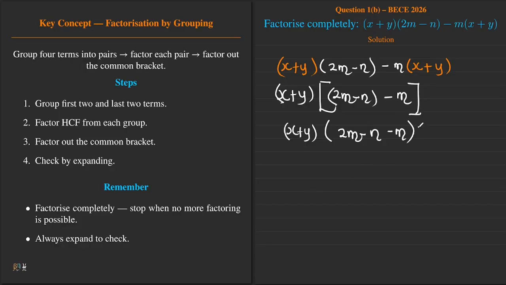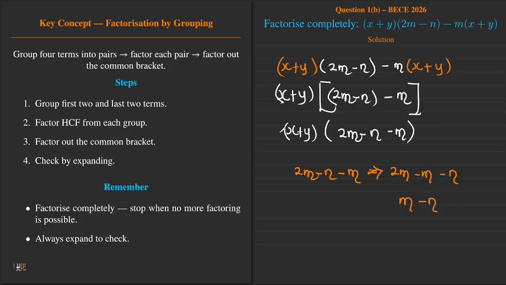Then we have to simplify this one. If you have 2m minus n minus m, what happens? You group like terms. So you have 2m minus m and minus n. 2m minus m gives us m. We have m, then minus n. It simply means all that we have in this bracket would give us m minus n.